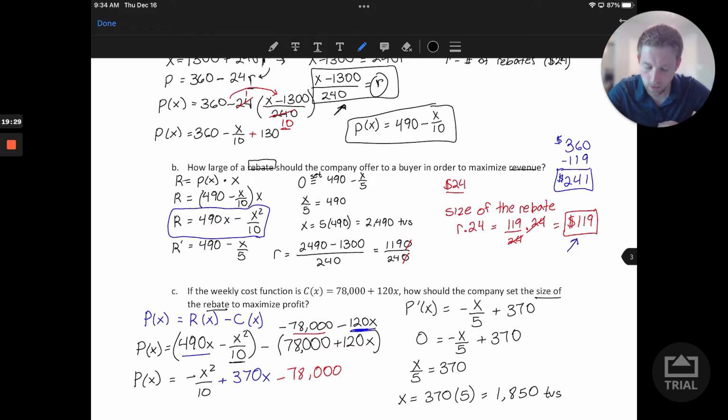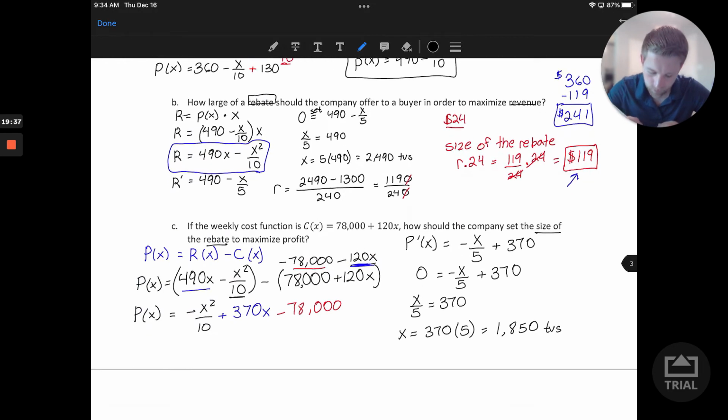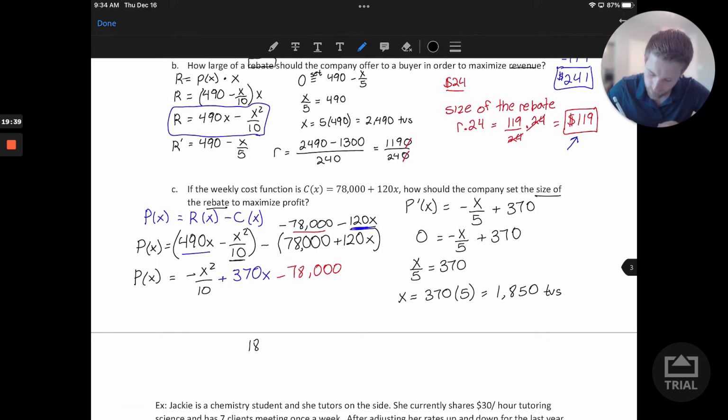So we're taking our quantity here, subtracting 1,300 and dividing by 240 to get the number of rebates. So I have 1,850, subtract 1,300 and divide by 240. Again, this is going to be the number of rebates, R.